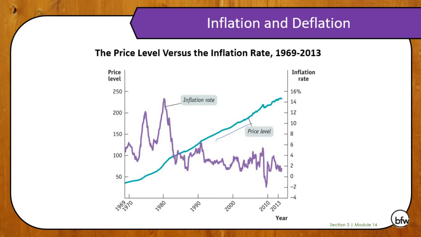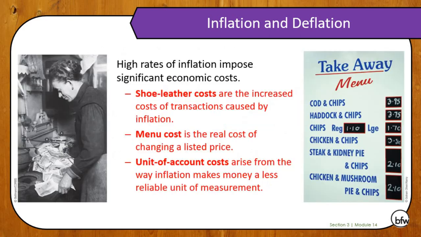But there were some periods in the late 70s, early 80s, during stagflation, where inflation was as high as 14%. Kind of crazy, and you can see a sharp increase in the price level when that happened, but for the most part it's been a pretty steady rise.